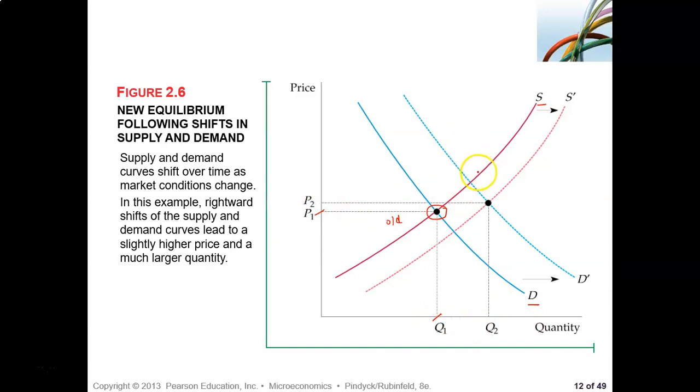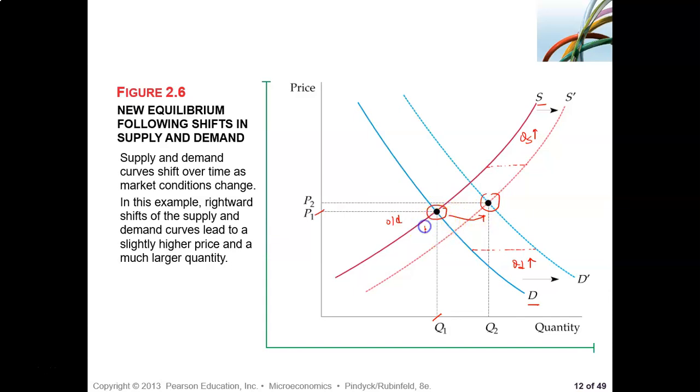Now what happens? Let us say supply increases from S to S prime, and demand increases also. So quantity supplied is increasing, quantity demanded is also increasing. But look at the size of the shift. Demand increases much more than the supply, and as a result, the new equilibrium will move to D prime and S prime, right?